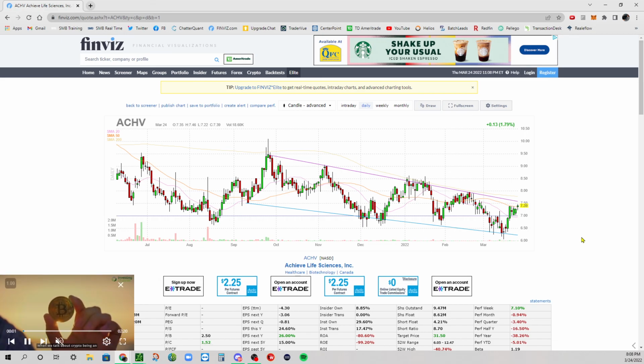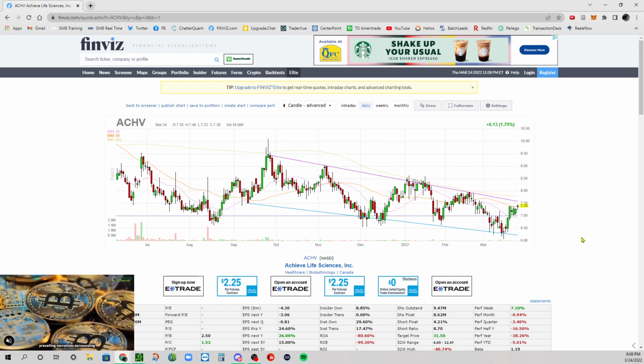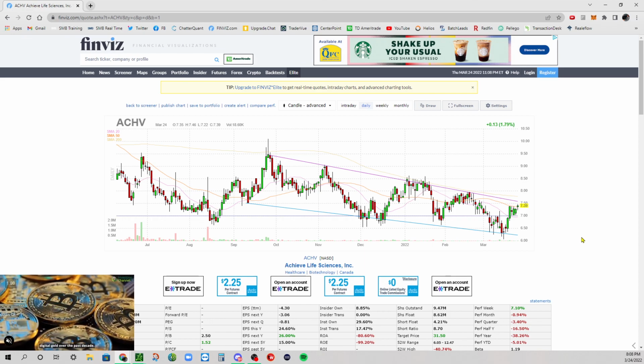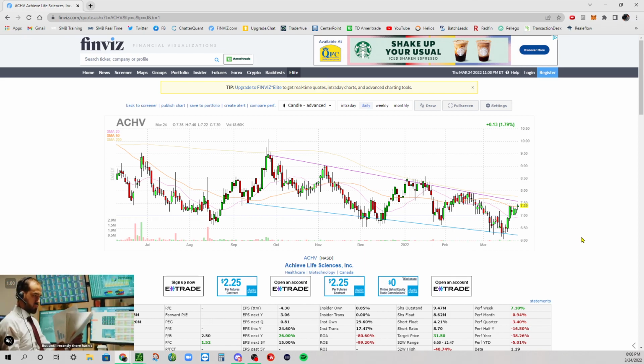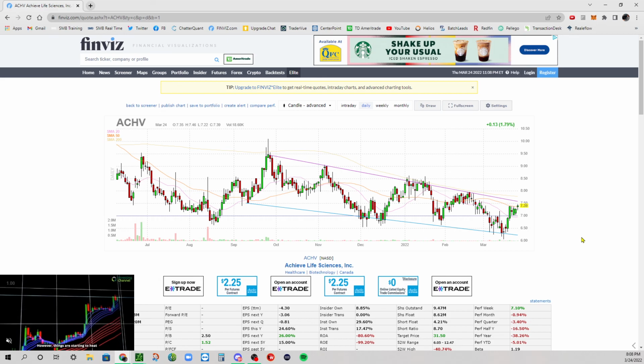The one thing that really matters to me is how many shares are available to trade, and does the news sound good or bad? If it sounds bad and it has a low float, it's likely going to move down very quickly. The float to me is just an indicator of how fast or slow this stock can move in that day.